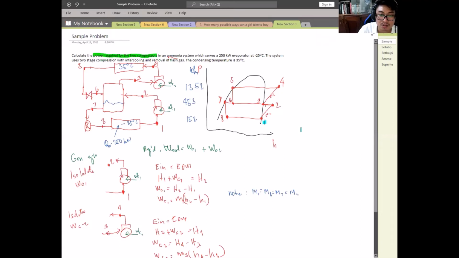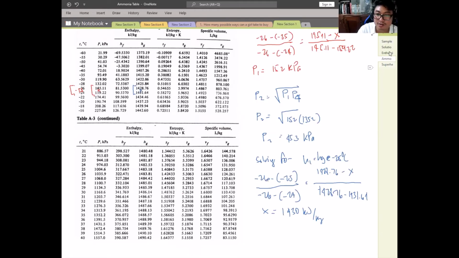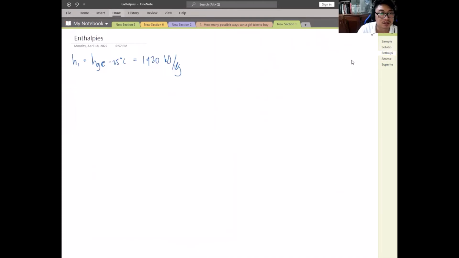Okay? Ano pa yung madaling kunin? Si H3, okay? So, kita-kita natin si H3 is HG at 453 kPa. So, H3, ayun, enthalpy yan.